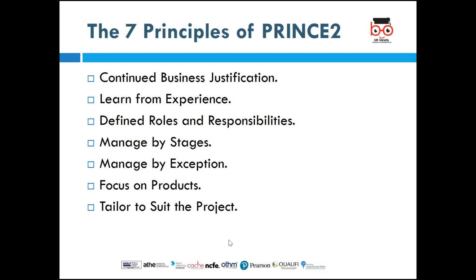It defines roles and responsibilities. It is managed by stages. Every phase is managed. It is managed by exception. And it is focused on products and tailored to suit the project. So Prince 2 is quite unique because it can be tailored to suit every single project and every single phase.